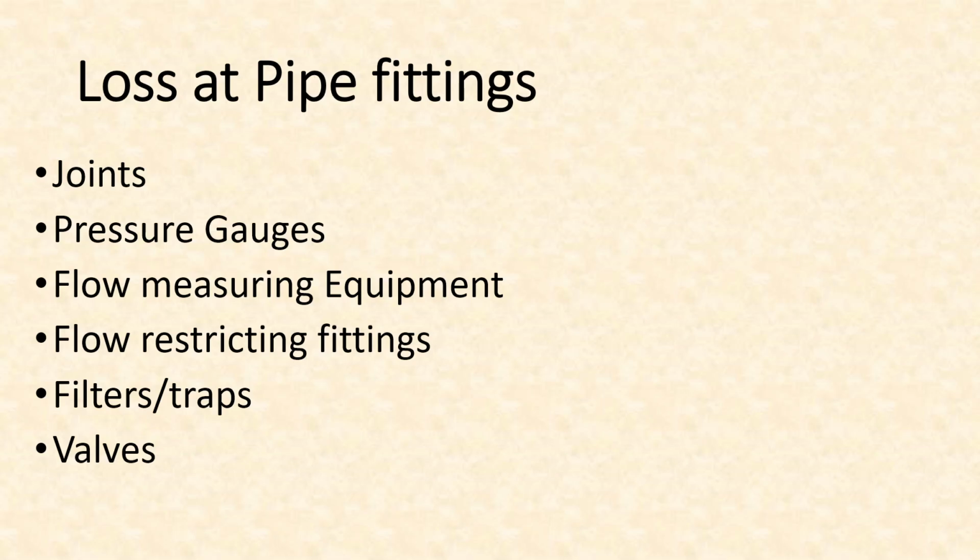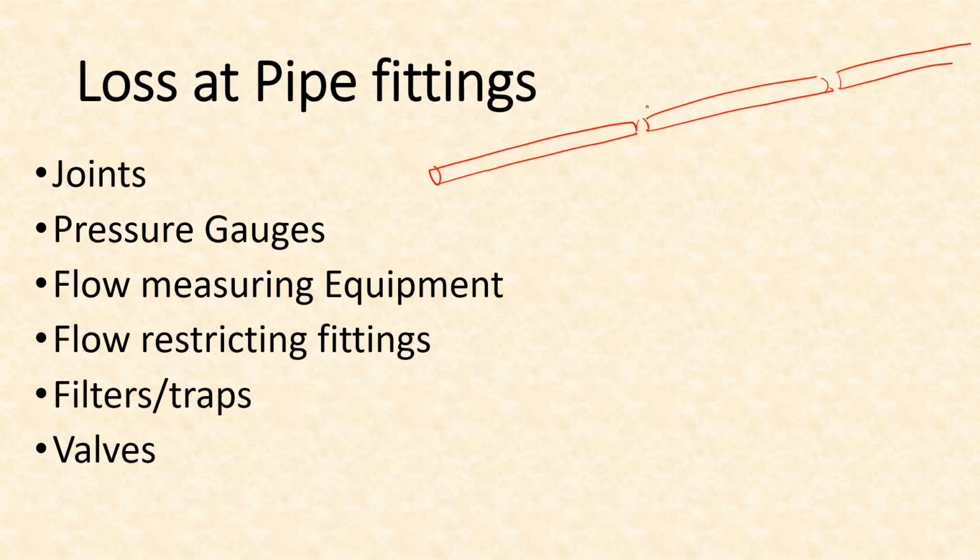The commercially available pipes will be only of a few meters, and we'll have to join all these pipes at different intervals, and while joining them we'll have to use different connectors, and all these connectors, depending on how well they fit, will have some kind of K value, and that K value will be multiplied with V square by 2G.